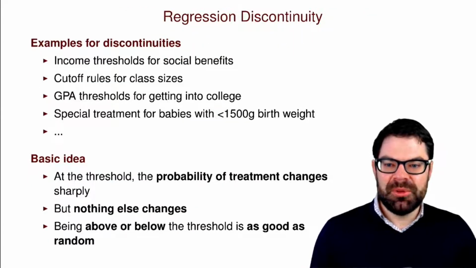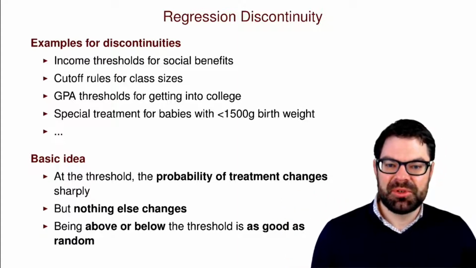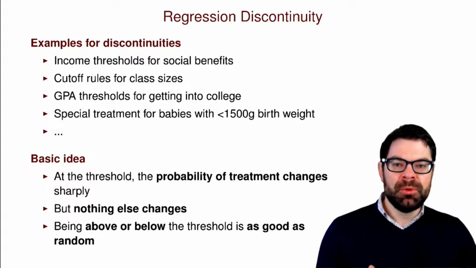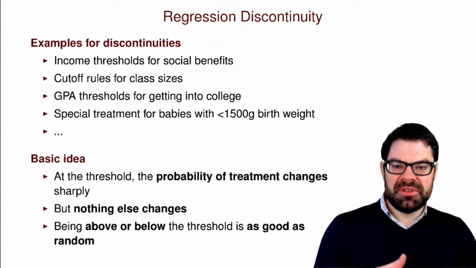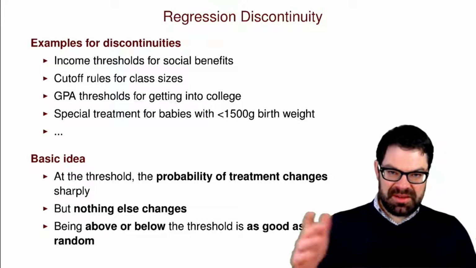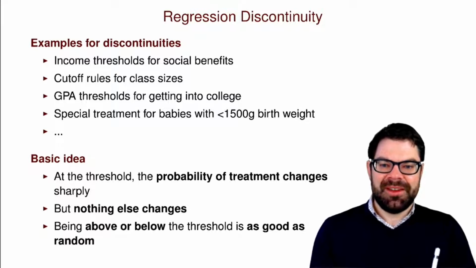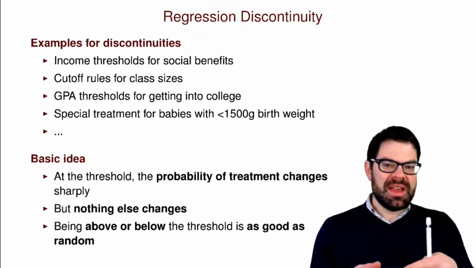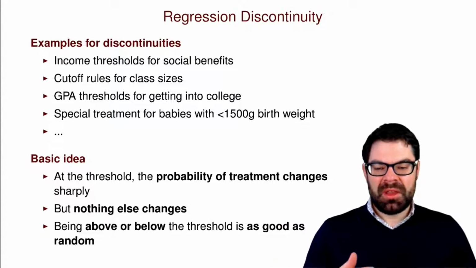I show you here a few examples. That's the income threshold of social benefits. Or in schools, if the cohort size is above a certain threshold, they split the classes. So they would have up to 30 students, they would have one class, but if the cohort size is 31, then they split the class into two.